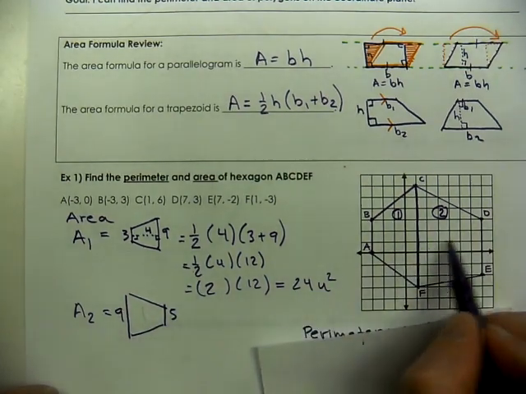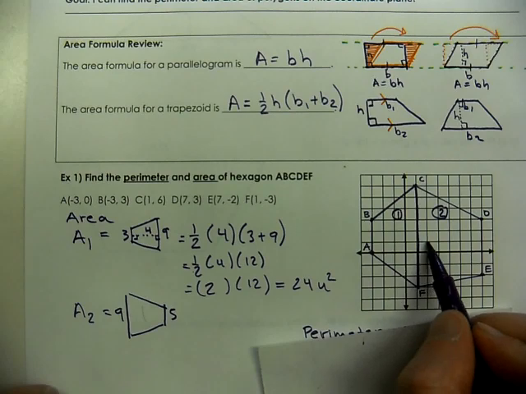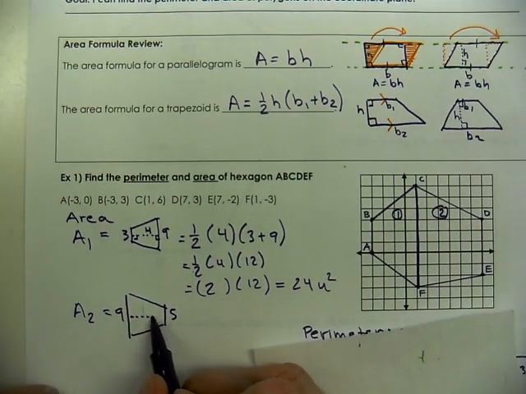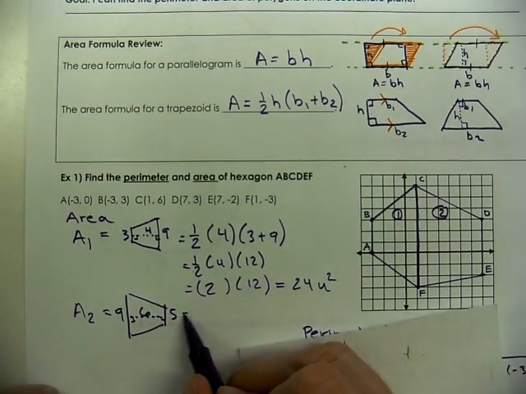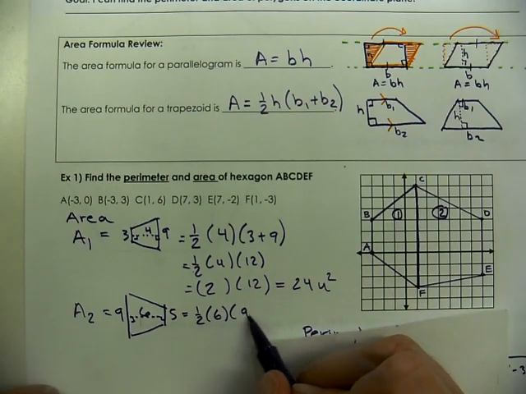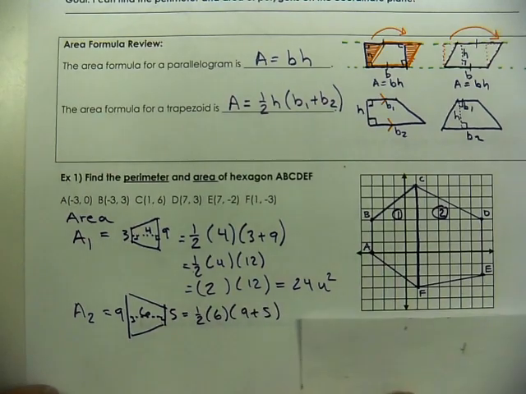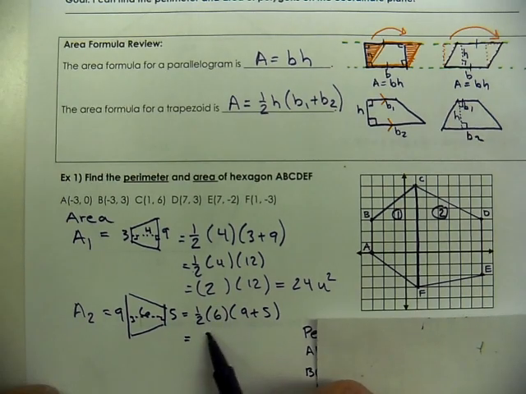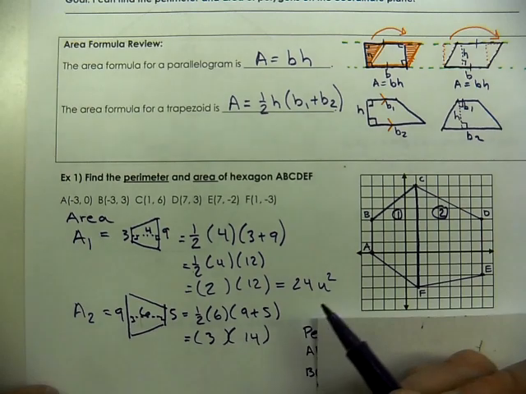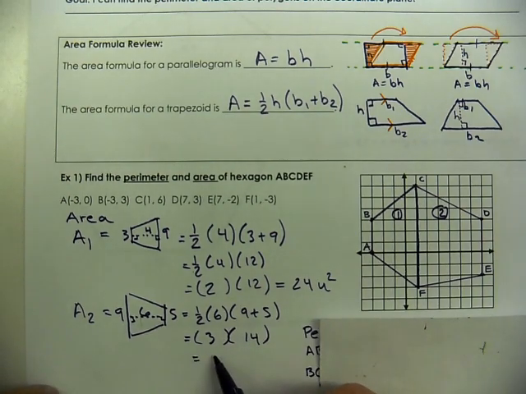And again, the height is the distance between those bases. I count 6. So our formula is 1/2 times the height of 6 times the bases added together, 9 and 5. So half of 6 is 3, 9 and 5 is 14. 3 and 14 will give us 42.